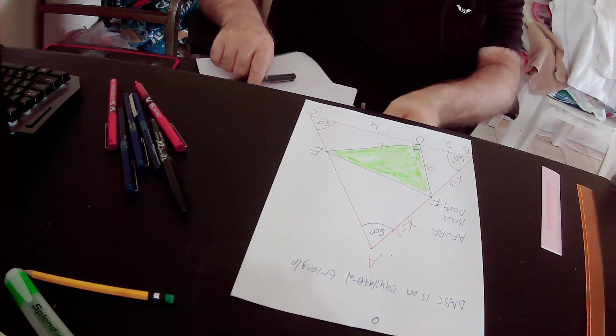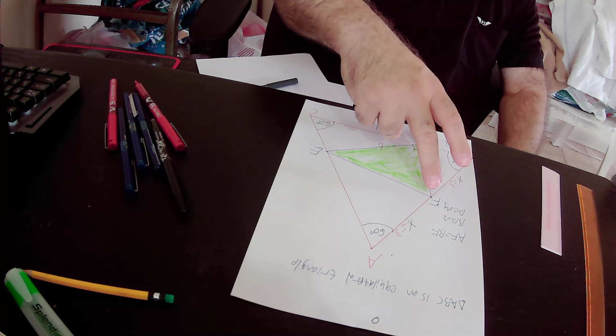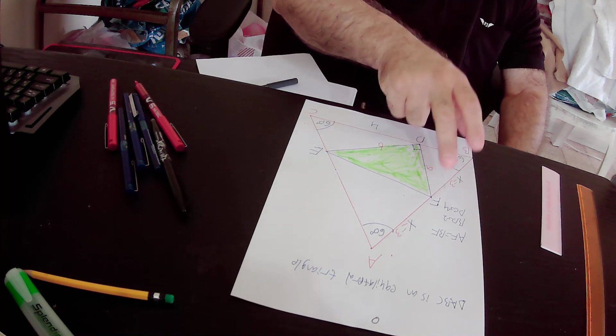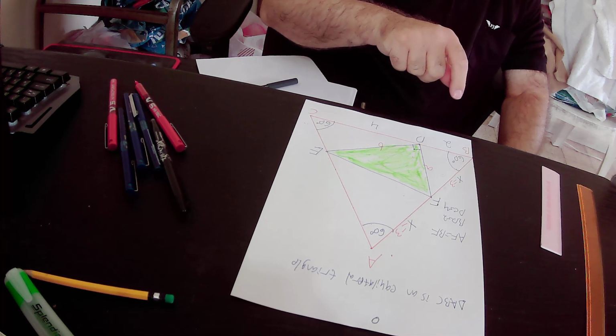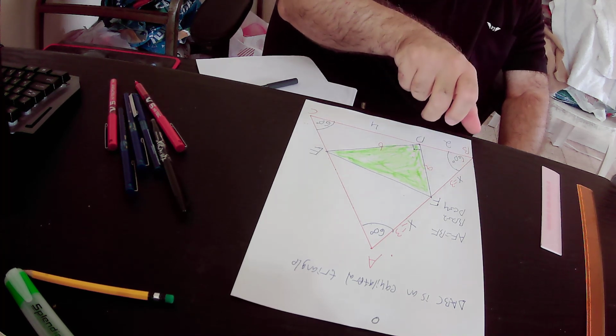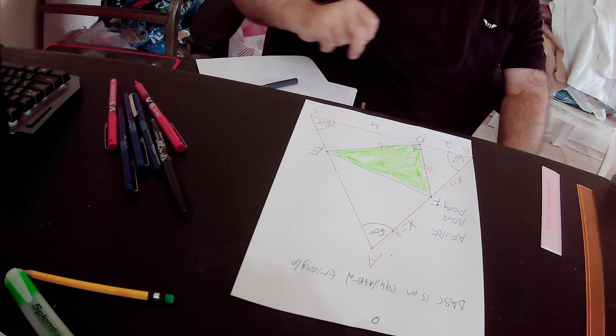Again, FD squared equals FB squared plus BD squared minus 2 times FB times BD times cosine 60 degrees.